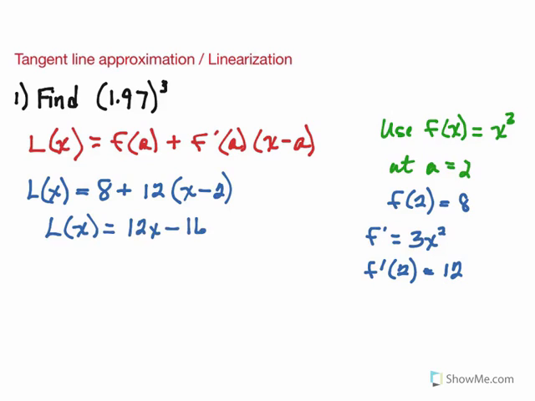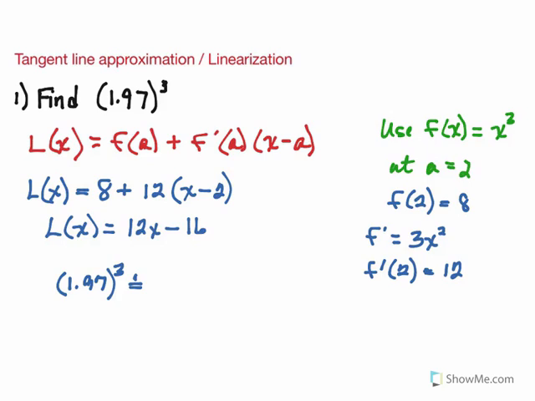So if we want to approximate now the value of 1.97 cubed, remember the whole idea is that we can substitute into this linearization equation we obtained to get an approximate value of the real true function value, 1.97 cubed.